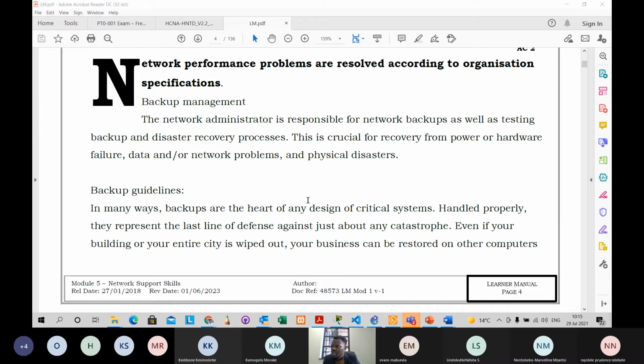Those policies and procedures are not only there to protect the organization, but also to protect you as a technician. If something goes wrong while you have followed them, you can show that you really followed all of the steps, policies, and procedures stipulated by the organization, but things just went wrong. So you are protecting yourself and also protecting your organization.